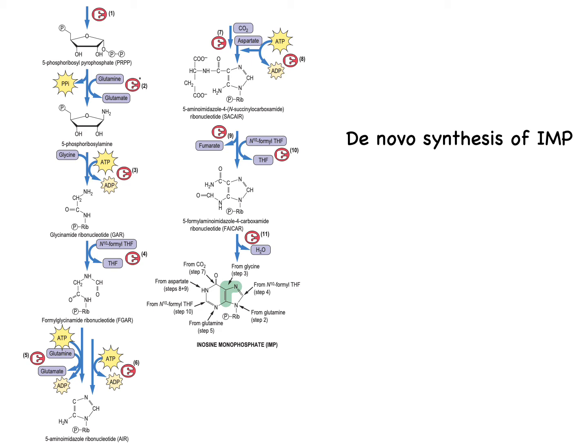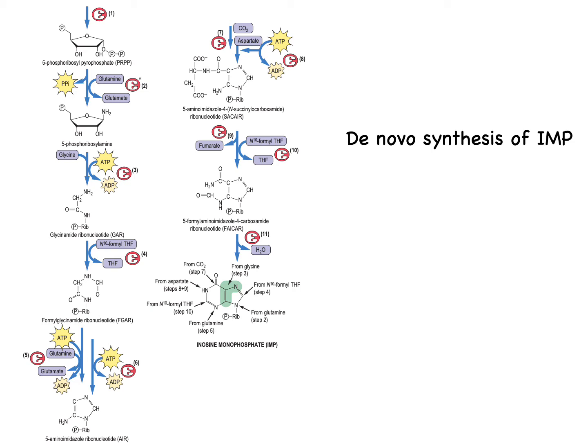So it has two phosphates on what's called the 1' carbon and one phosphate at the other end of the molecule at the 5' carbon. Okay, so the base is going to be attached at the 1' carbon where the two phosphates are.